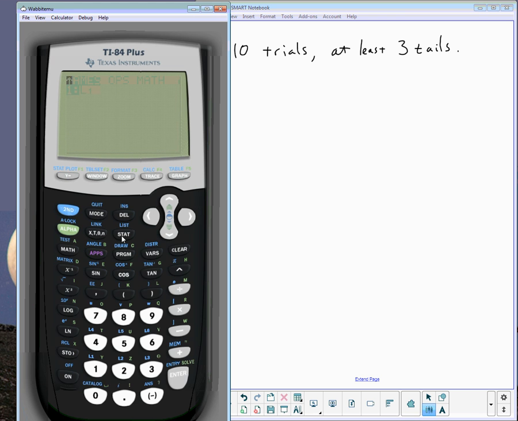We can go to second list, operation, math, sum, list 1. No, not list 1, list 2.